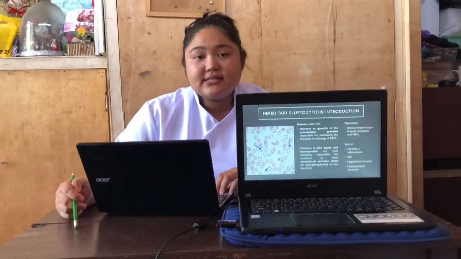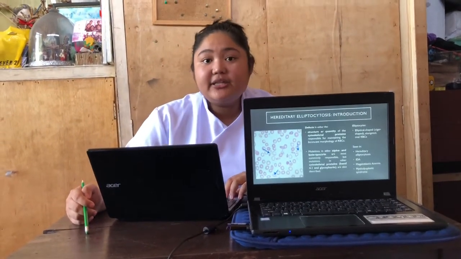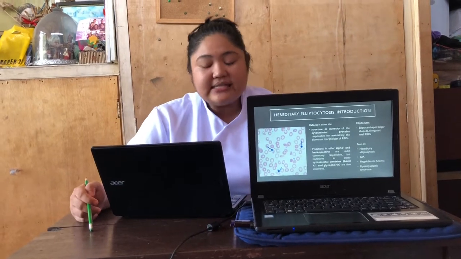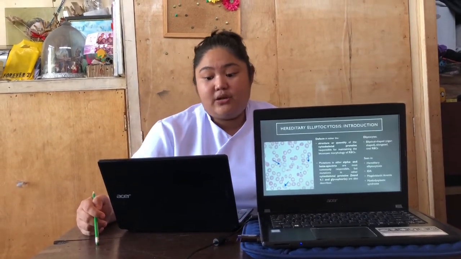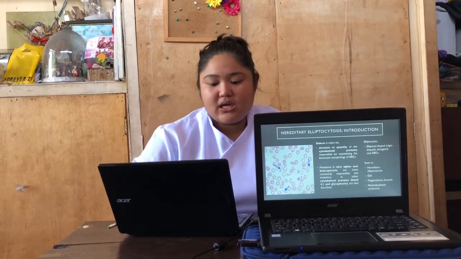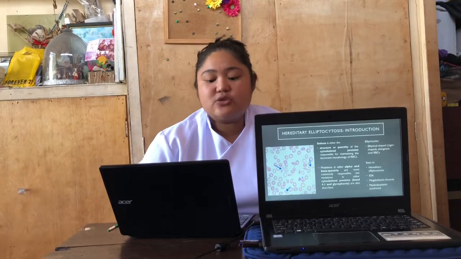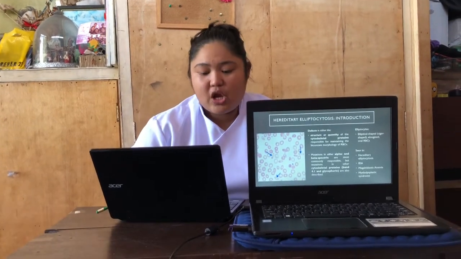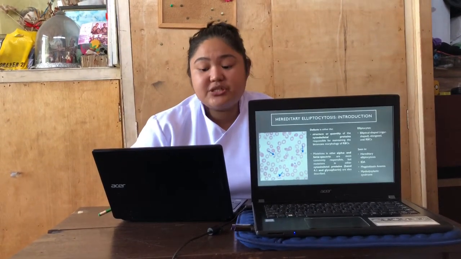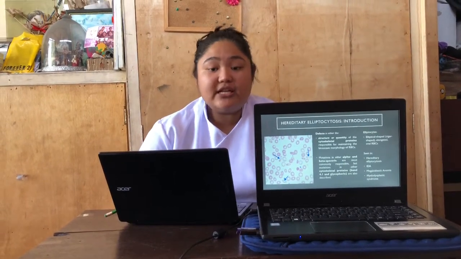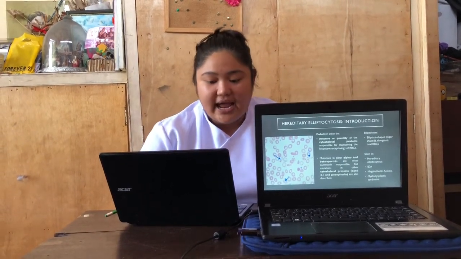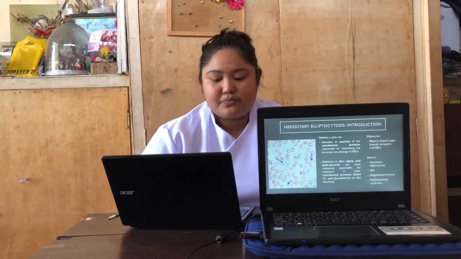For occurrence, in the United States, hereditary elliptocytosis has a prevalence of 200 to 500 per million population. Internationally, hereditary elliptocytosis has worldwide distribution. Race, sex, and age demographics: the incidence of stomatocytic elliptocytosis among Malayan Aborigines is 30%.